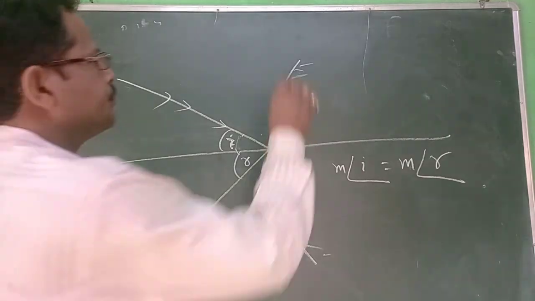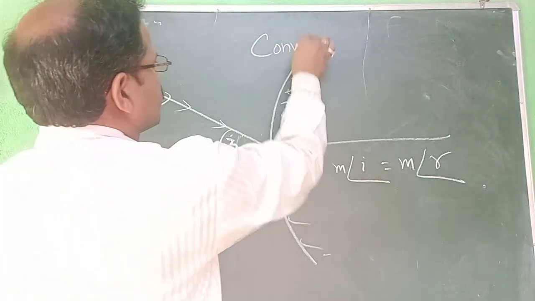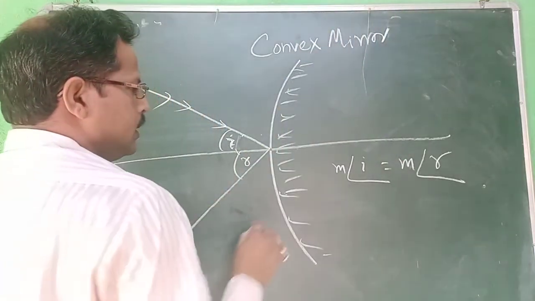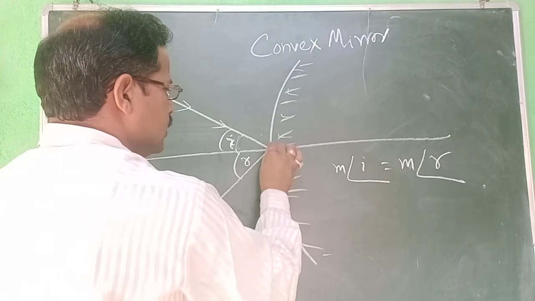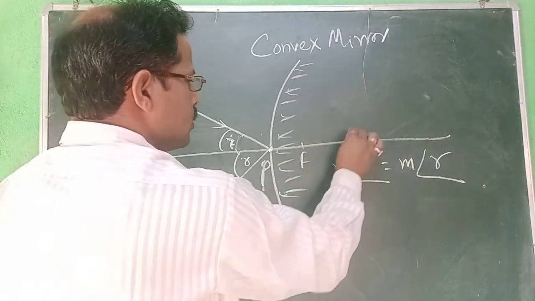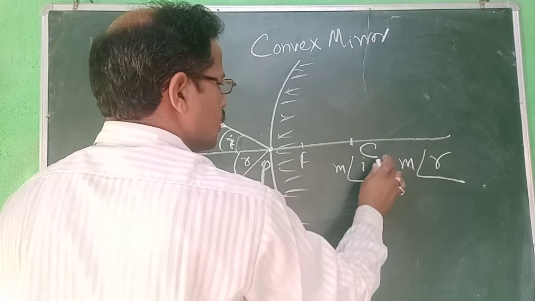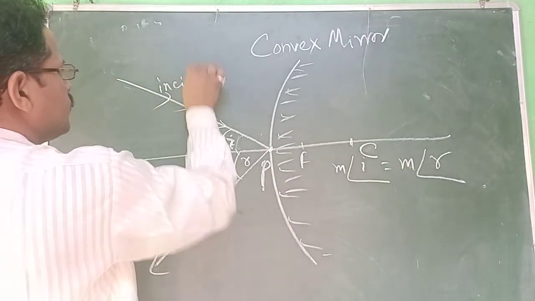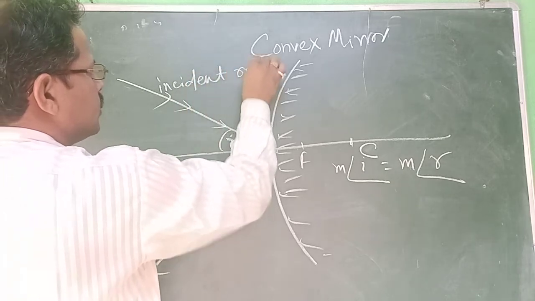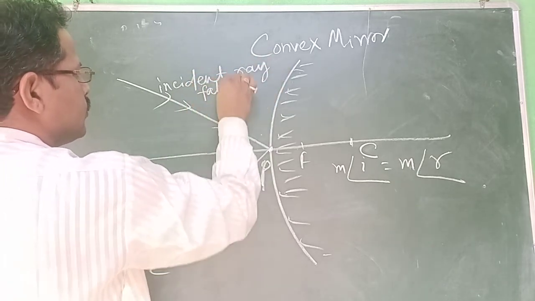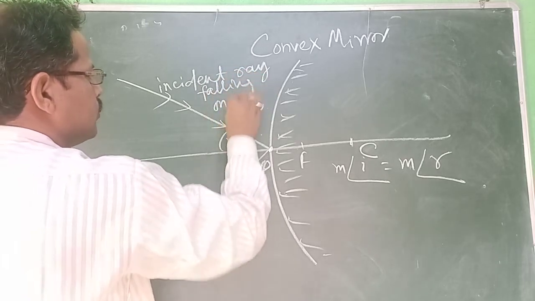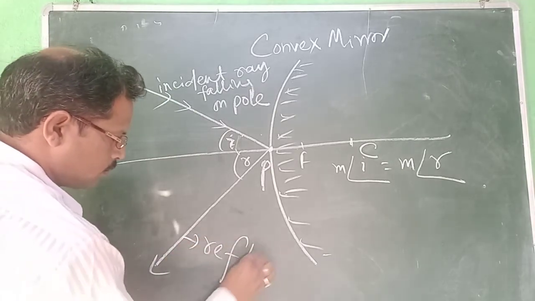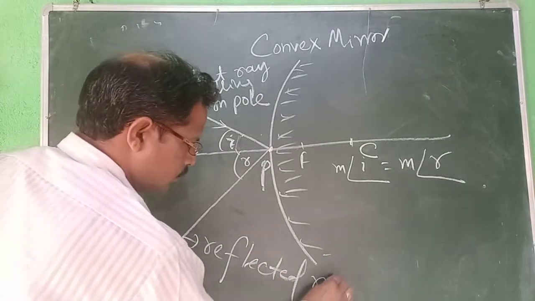Convex mirror: this point is the pole, suppose this is the focus, and this is the center of curvature. This is the incident ray falling on the pole.